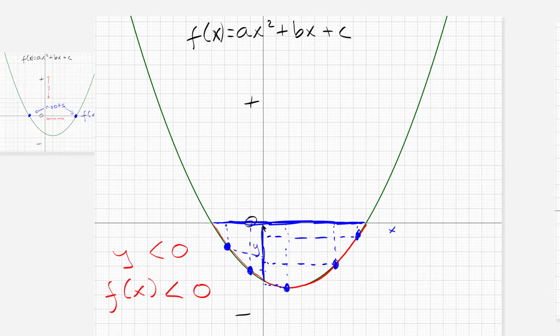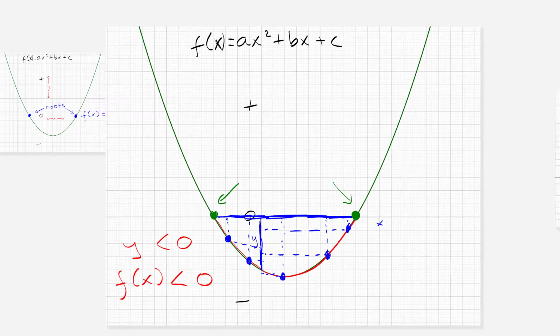What's interesting about those x values is that they are the x values in between the two roots. So remember, those are my roots right there. For all of the x values in between the two roots, the function itself is less than 0. If you use any of the x values in between the two roots as an input of the function, the output is going to be less than 0.